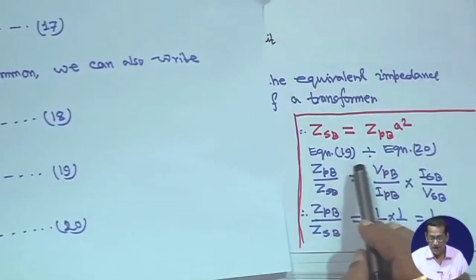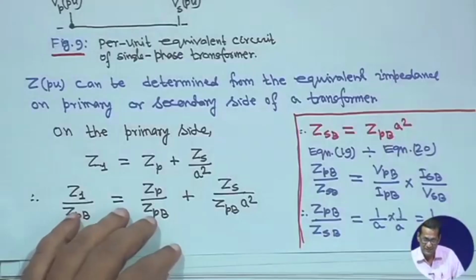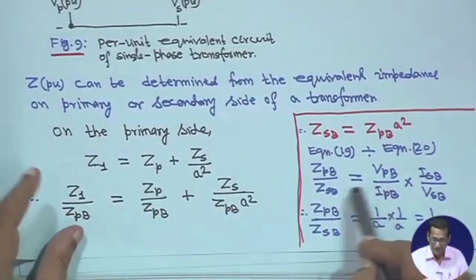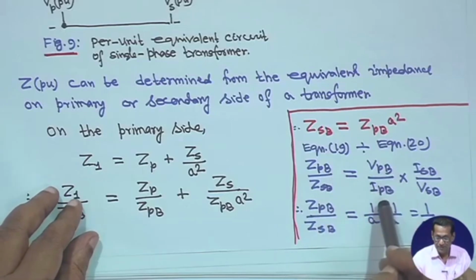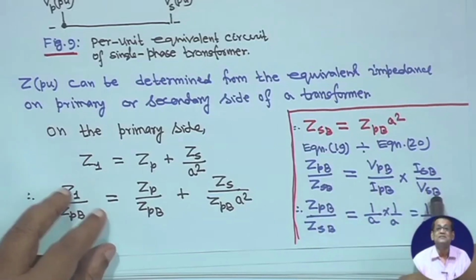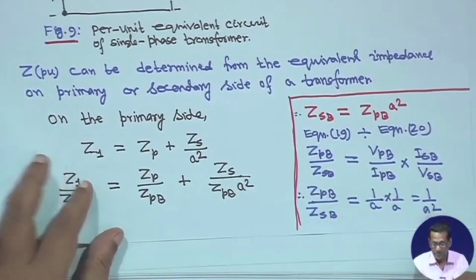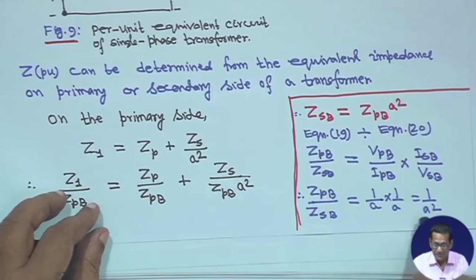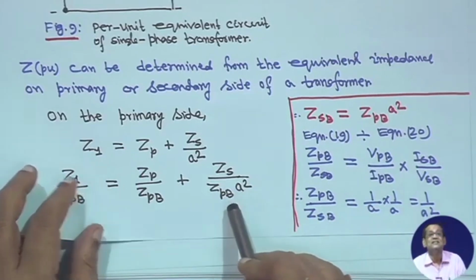So you divide equation 19 by equation 20, right. Therefore, ZPB upon ZSB is equal to VPB upon IPB into ISB upon VSB, right. That means ZPB upon ZSB will become 1 upon S square, that means ZSB will be S square ZPB. So basically S square ZPB is actually ZSB, right.